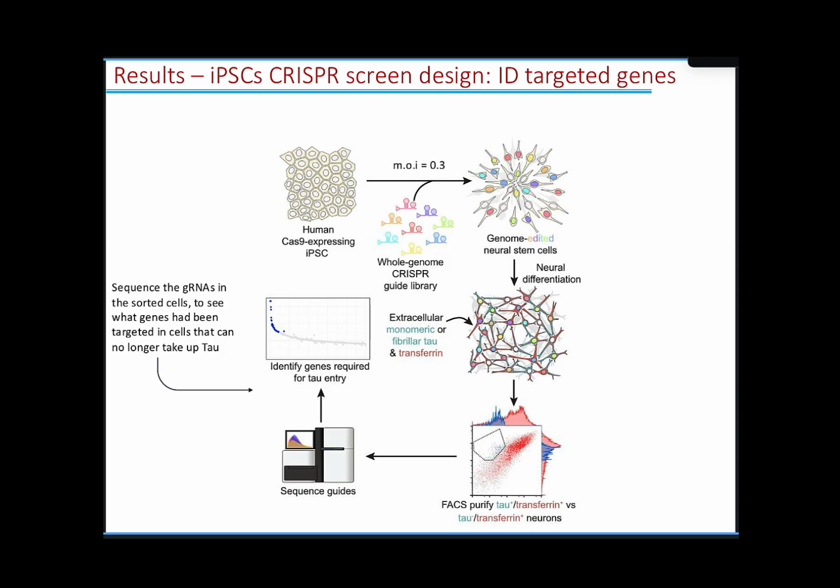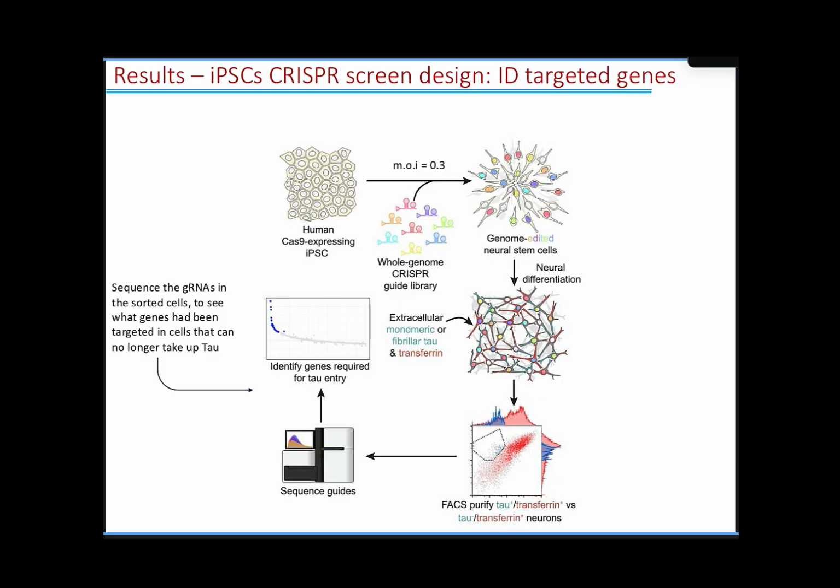But the idea there is you would sort the cells that are failing at taking up tau, even though they can take up transferrin just fine, and then sequence the guide RNAs that they inherited. So you take all of these cells that are failing at tau uptake, and you break them up, and single cell by cell you ask, what guide RNA did you get?